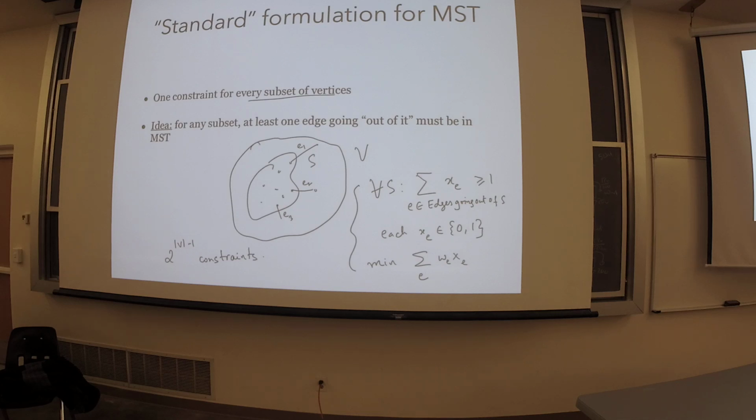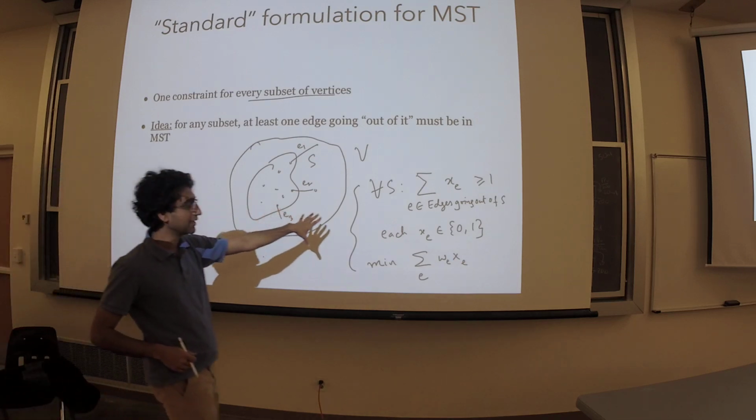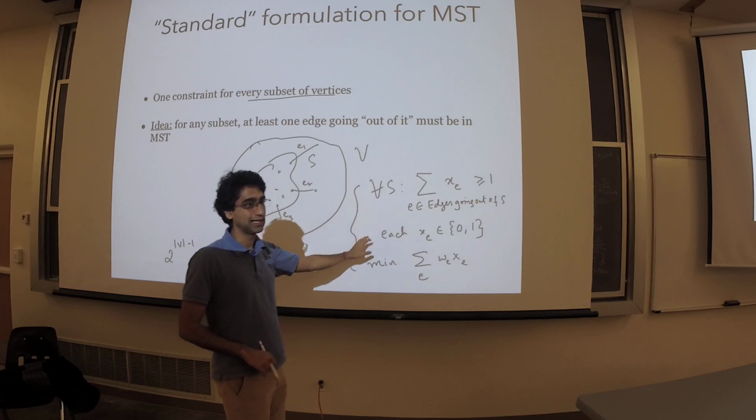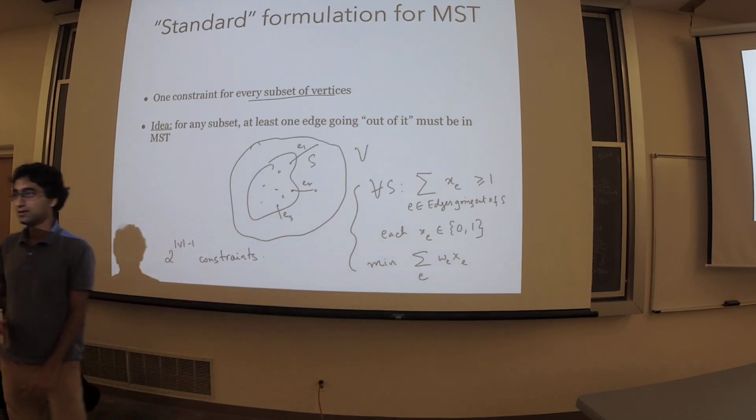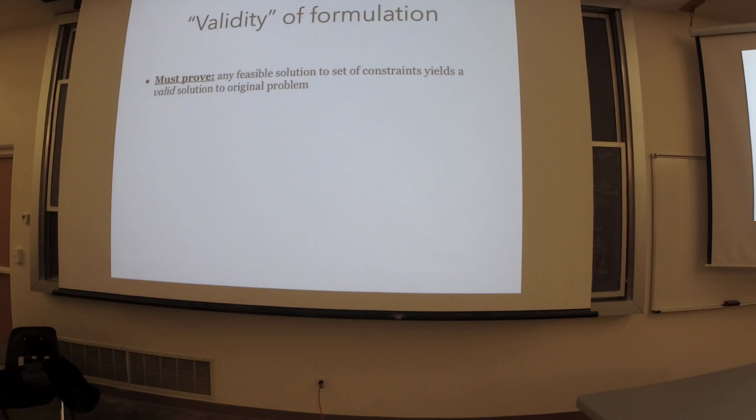Yeah, so let's see the why. In fact, that was going to be my next point. For any formulation you write, you've got to show that this exactly captures your problem. So the validity of a formulation depends on proving that any feasible solution to the set of constraints you wrote down yields a valid solution to your original problem.